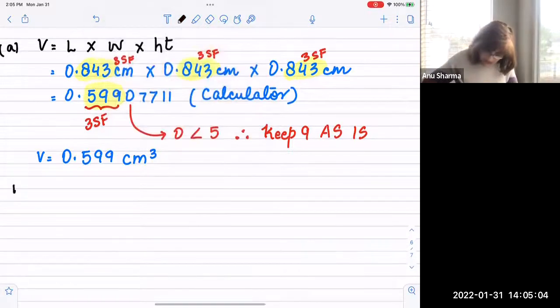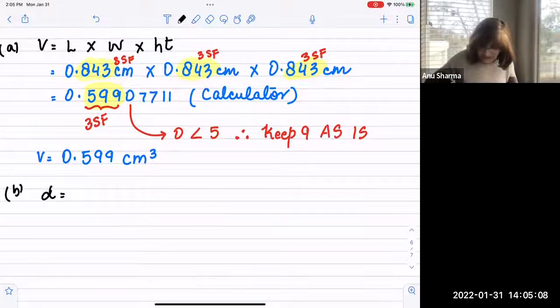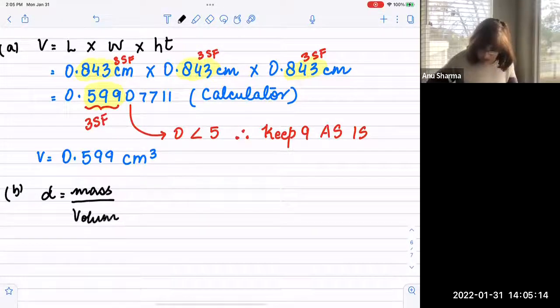Next is part B, in which we need to find the density. Density is mass over volume. In this case, the mass given to you is in grams, over centimeter cube, because it's a solid.